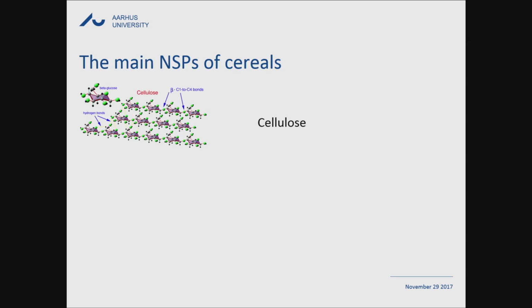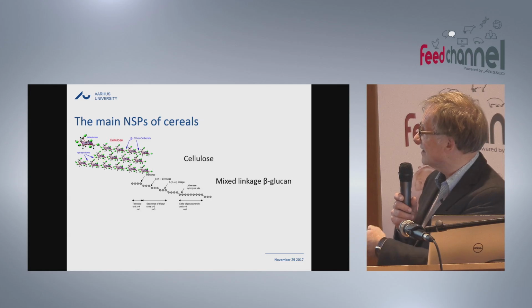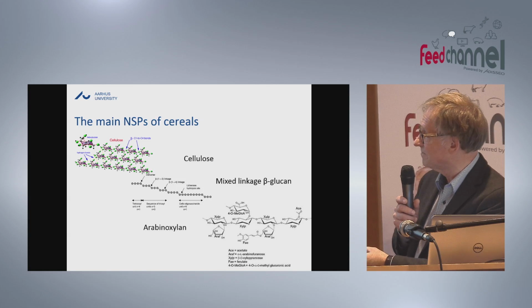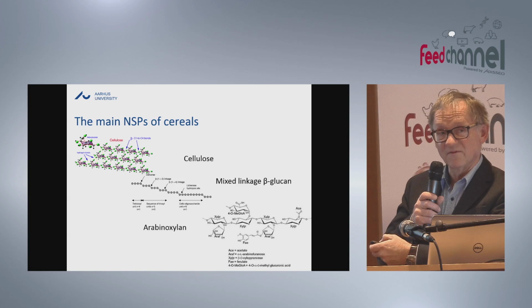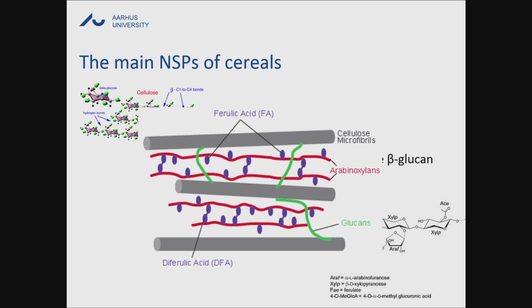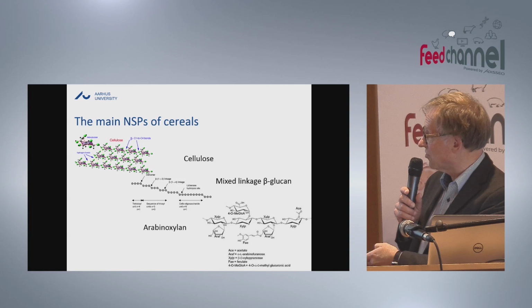Just briefly about the main cereal polysaccharides, you'll see that we have the cellulose here, and then we also have mixed-linked beta-glucans, and then we have arabinoxylans. Looking at the cellulose and the mixed-linked beta-glucans, in both cases they are built up of glucose units, whereas the arabinoxylans have a more complex structure.